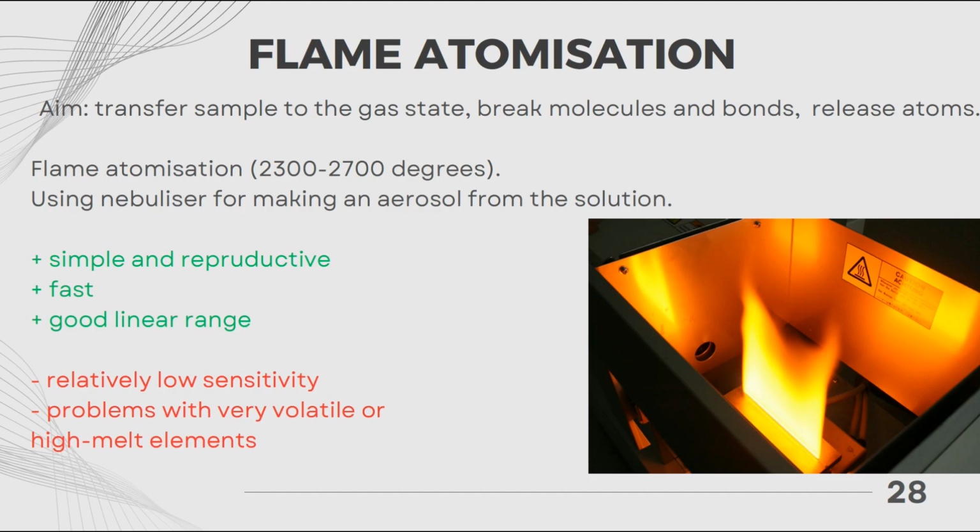What about disadvantages? The sensitivity is not very low in comparison with the next atomization technique we will be talking about. So the sensitivity is not really low. And it's not very used for some volatile or highly melting elements. So these are 2 disadvantages.